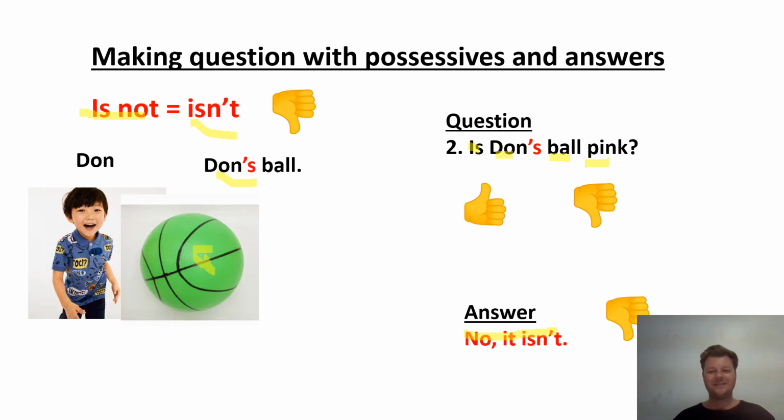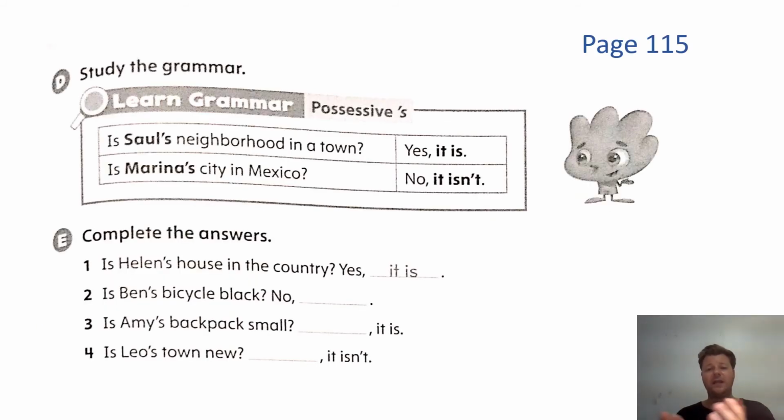Very good, P1. Now, let's open our English books on page 115, question E. Remember now that we learned yes, it is, no, it isn't. With activity E, we don't have any pictures to help us. So now we need to read and look carefully at the words.